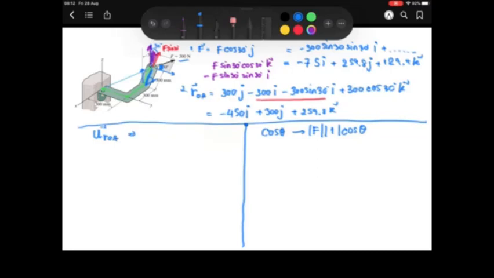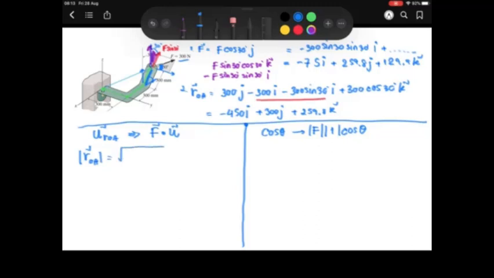Let's start with the one unit in the line of OA. So we have ROA here. We will find the size of ROA, which is the square root of 450 squared plus 350 squared plus 295.8 squared.